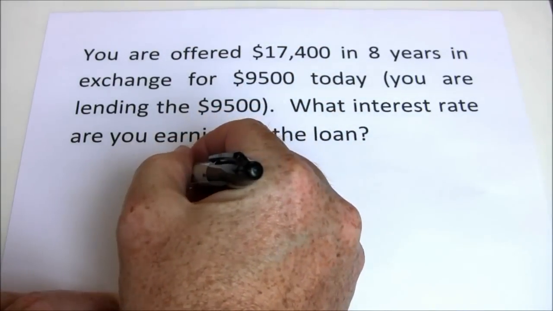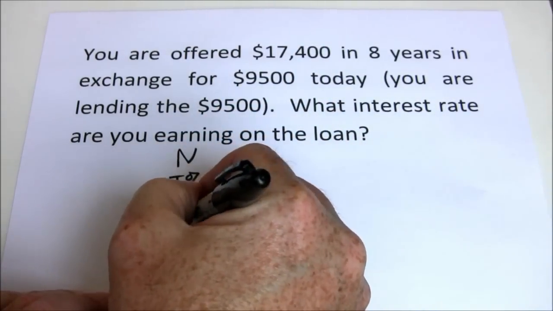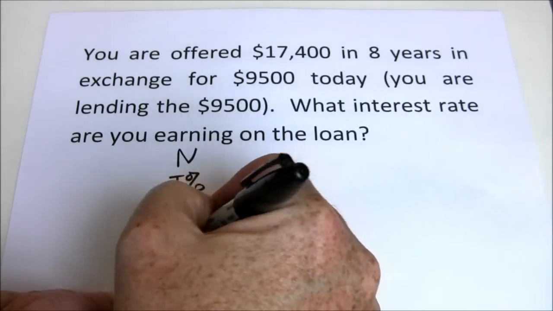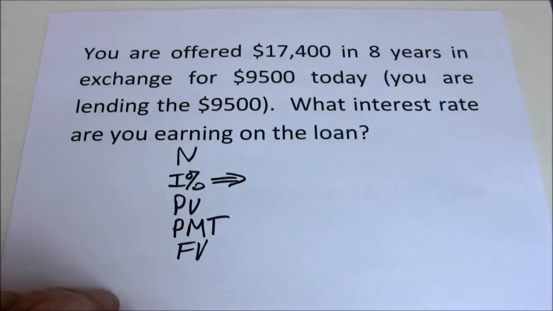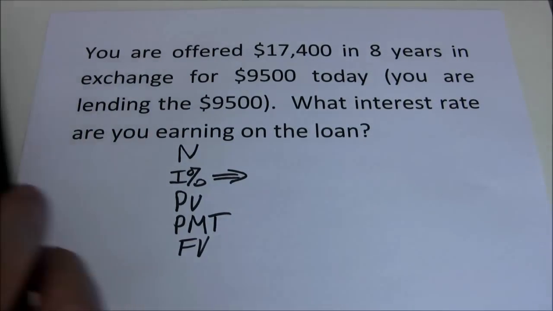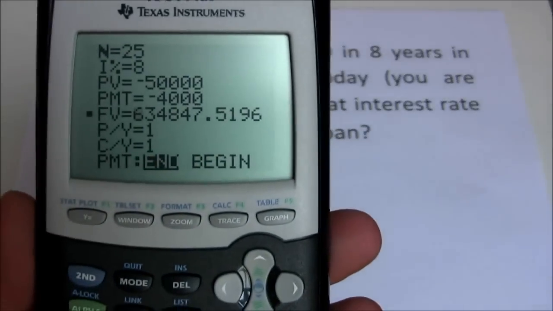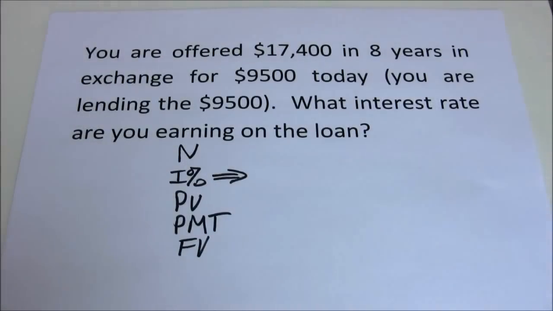So again, N, interest percentage, present value, payment, future value. But now we're solving for that interest rate. That's what we want to find. So again, go to my time value of money solver. Now my N is 8.